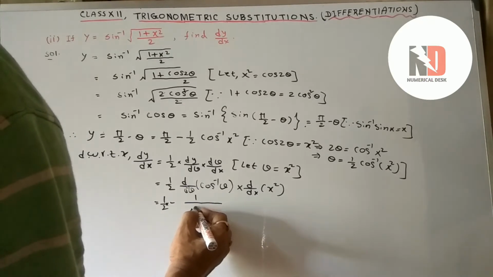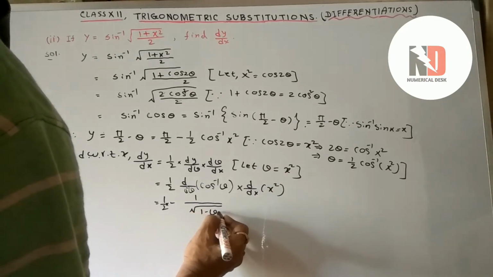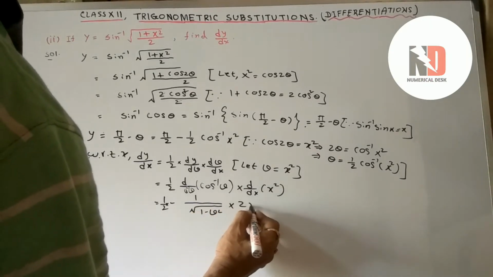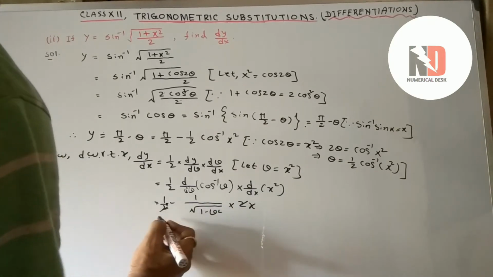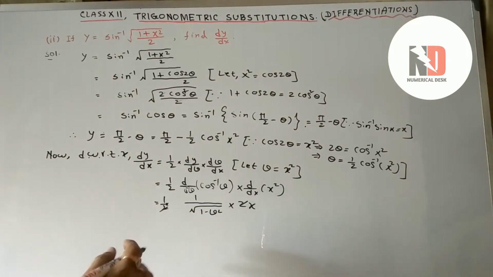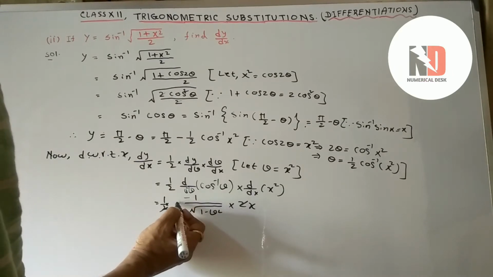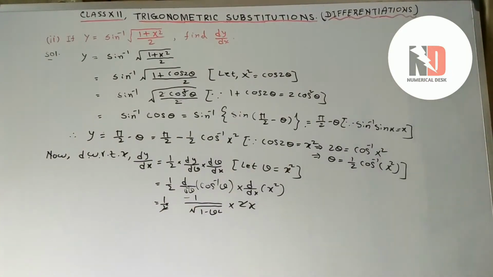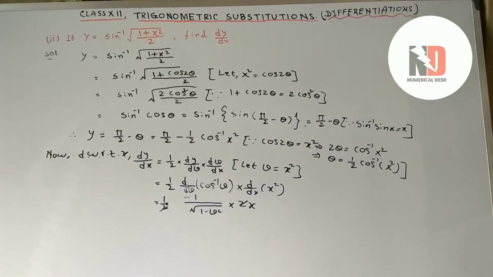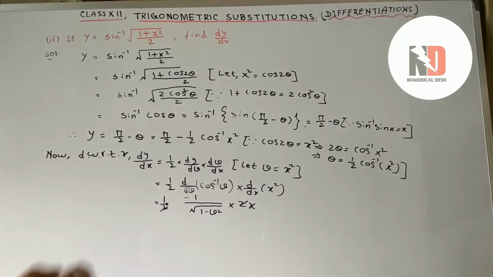So this is 2x, 2 to 1, and let us correct the format of this sum. What to do now, here are the steps.